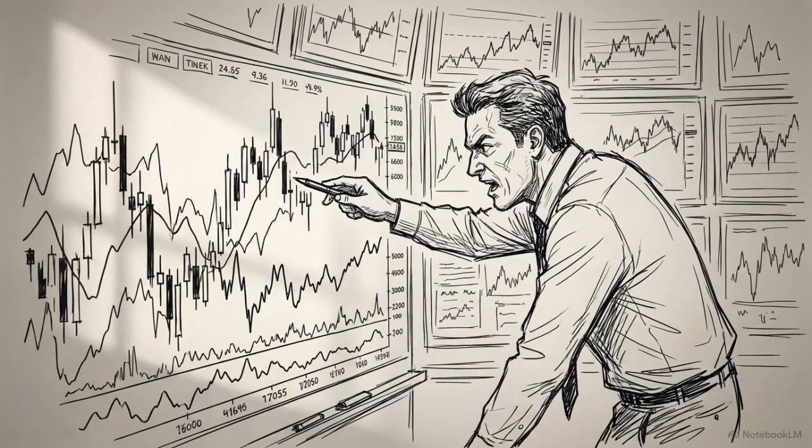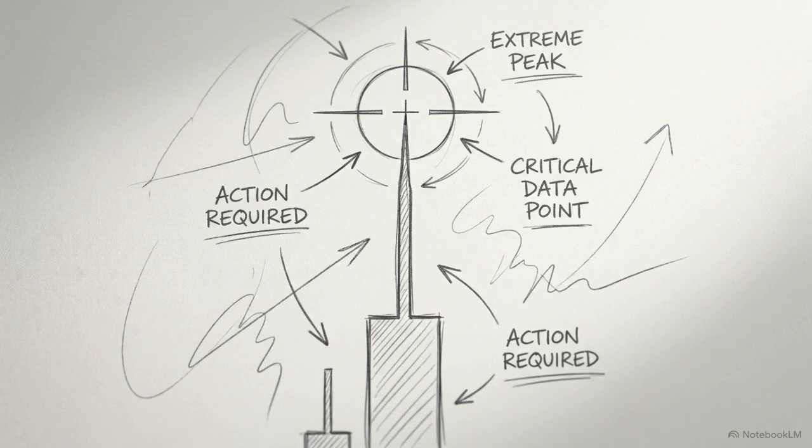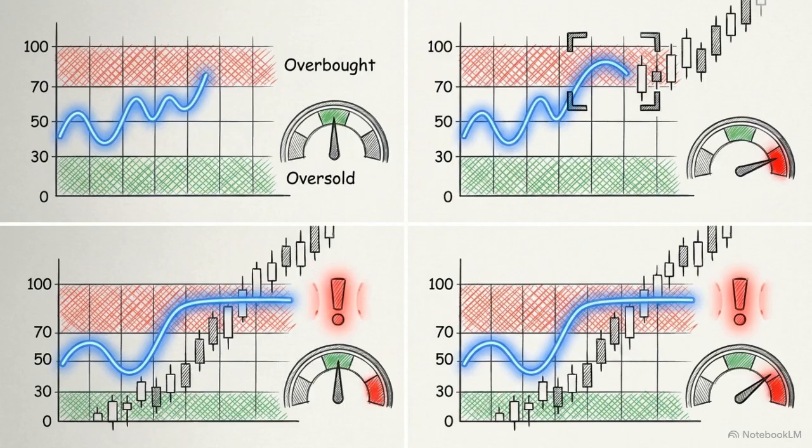On the other end of the spectrum is the aggressive alternative, leading indicators. Instead of waiting for confirmation, these tools attempt to predict price reversals before they happen. Most leading tools are momentum oscillators. They measure how fast prices are changing to identify when a market has reached an unsustainable extreme. This is the Relative Strength Index, or RSI.